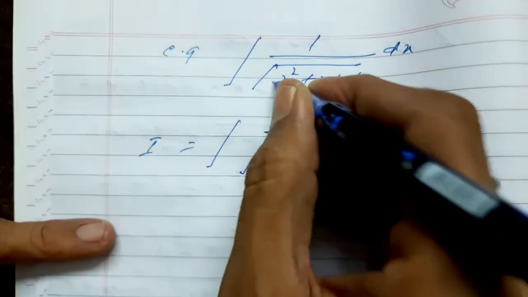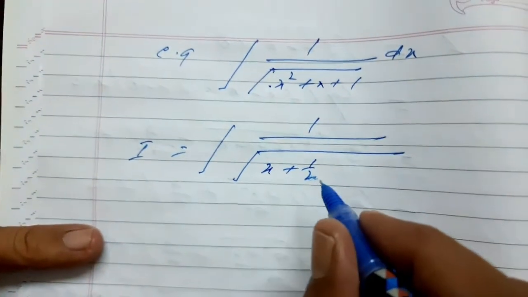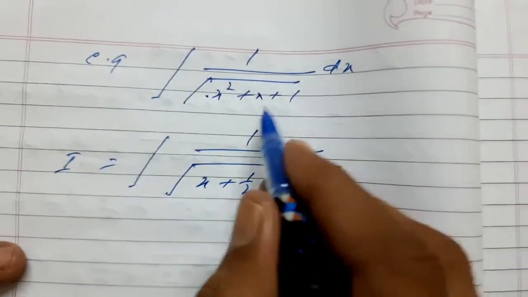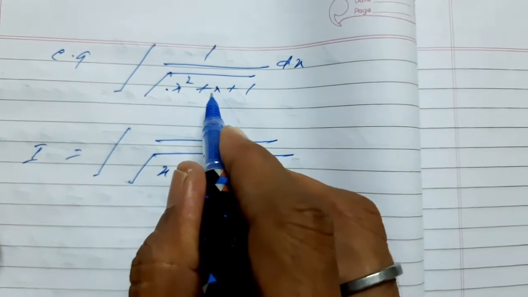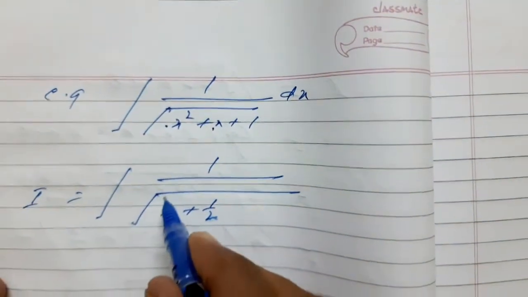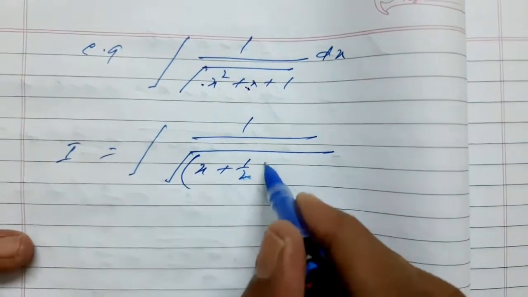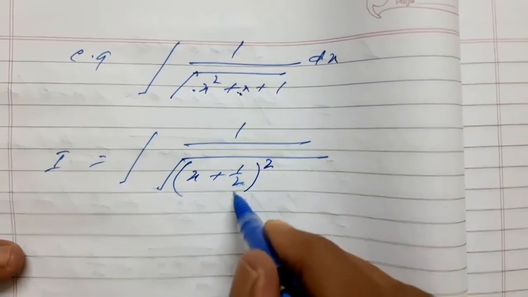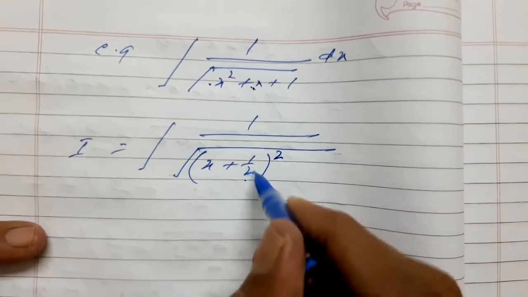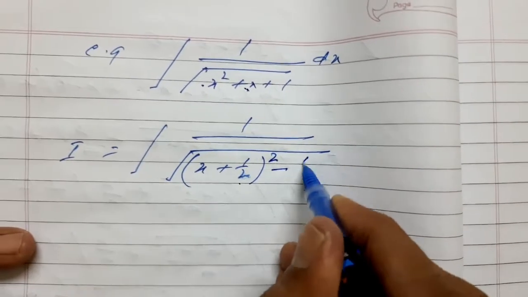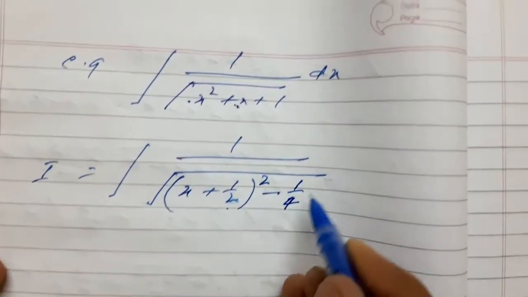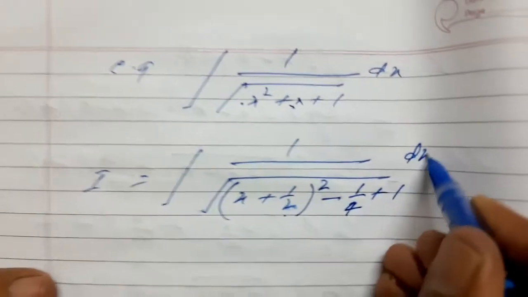You should always look that the coefficient of x square must be 1 whenever you are going for the perfect square, and you have to add half of the coefficient of x. The coefficient of x is 1, so half we will put, and this is the whole square. The same amount which you add with the x we will subtract, the square of that. So this is 1 by 4 plus 1, and this is dx.